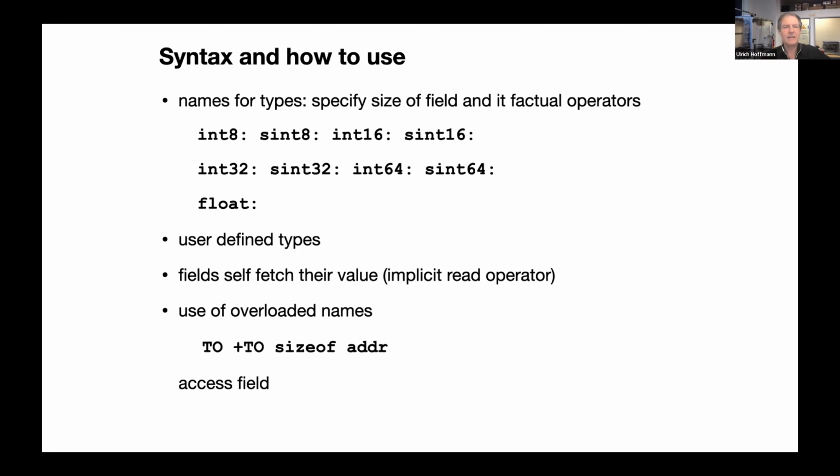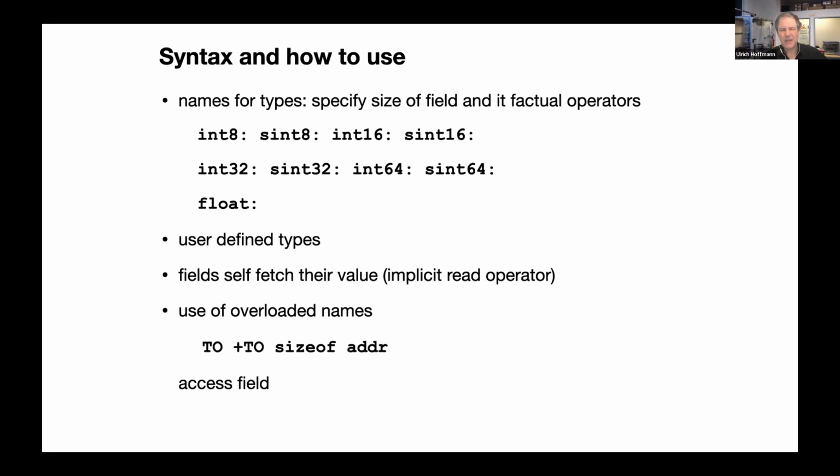So you have these names for the types of the fields that define the appropriate field names, and you can of course define your own field definers, and all they share is that they implicitly fetch their value. And you use to and plus-to to write the value.